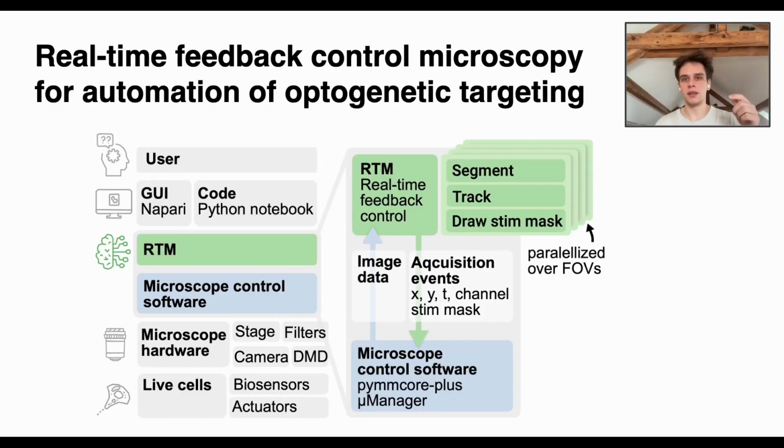And then we use a Python interface, pymmcore-plus, on top of that, so that we can implement all our control and image segmentation strategies in Python, where it's much easier to do. And as interface, we use Jupyter notebooks. I will talk about this a bit more in detail later, and napari as graphical user interface that allows us to actually see the different positions and preview the segmentation and things like this.